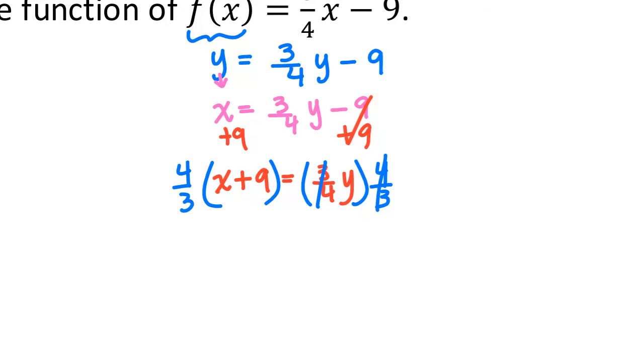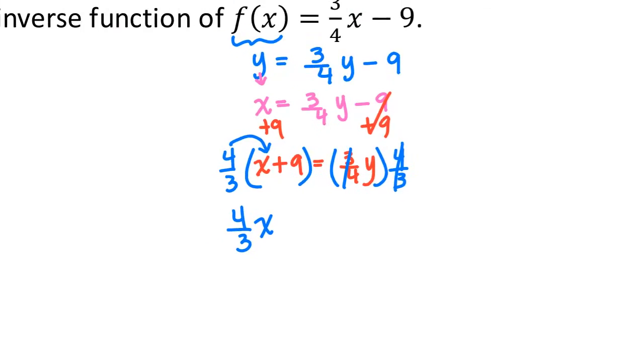But then this is kind of where I saw a lot, as I was walking around, a lot of you guys were getting stuck here. But you do 4/3 times x. Is there anything I can cancel there with the x and the 4/3? I can't cancel anything, right? So you just bring it down. That's 4/3 times x, okay?